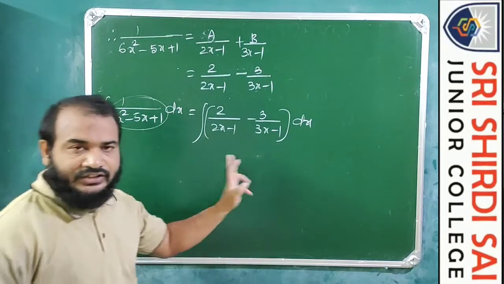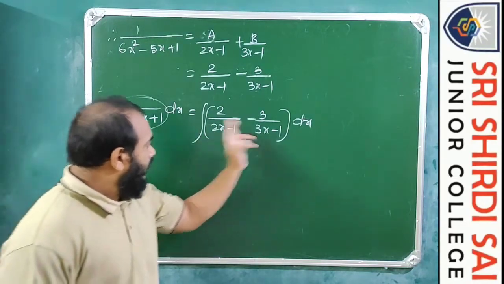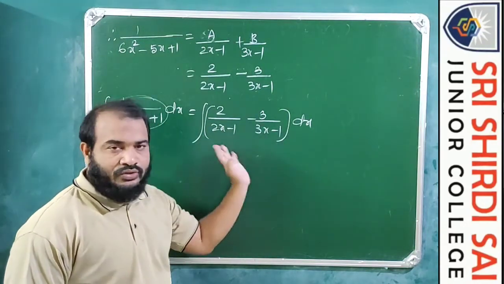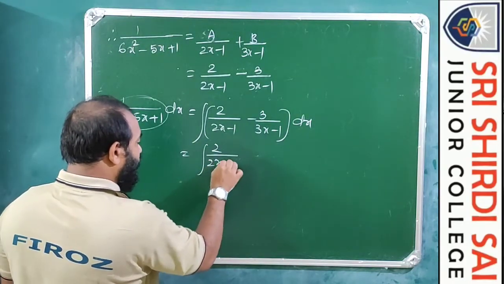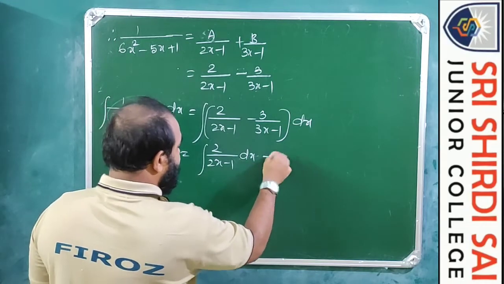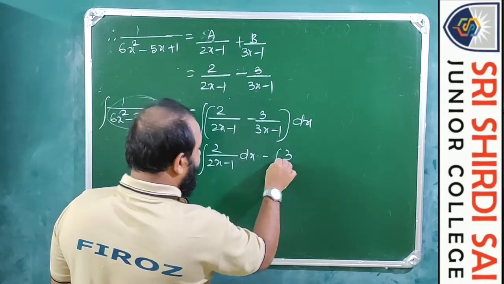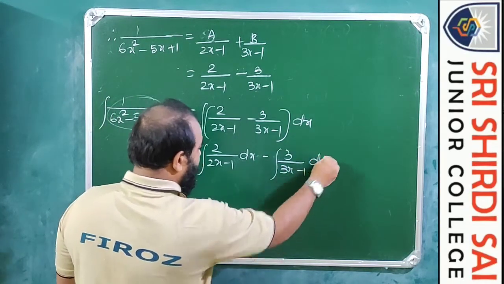So this integration is distributed to these two terms: integral 2 by 2x minus 1 dx minus integral 3 by 3x minus 1 dx.